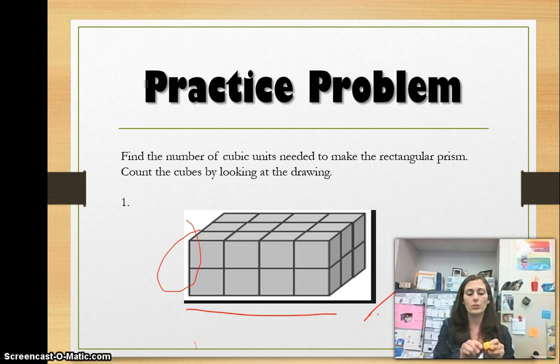So I'm going to add 2. So as you can tell, I would need 3 rows of 4. So this is my bottom portion. So I have 12, and another row of 12 would be 24. So we've counted the cubes.